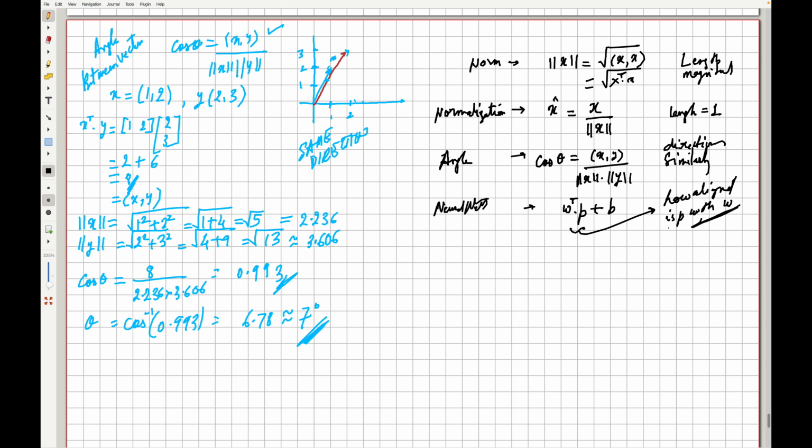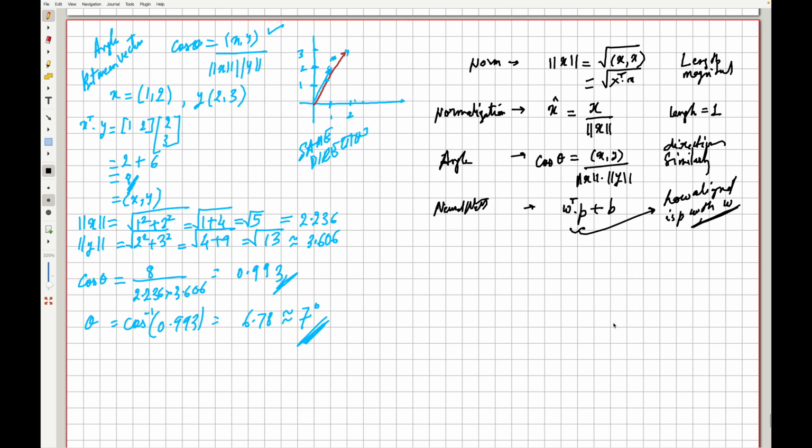And so it's important that none of the inputs with large magnitude dominate, and so normalizing the inputs could help in this case when we are training neural networks.